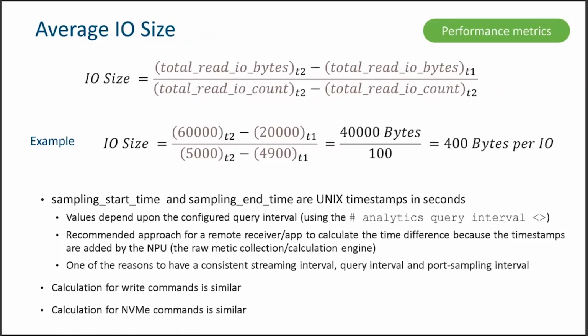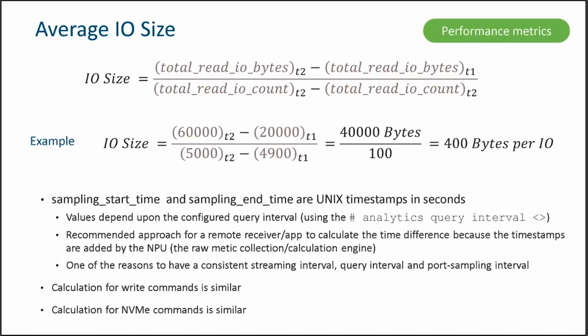So if 1 million frames pass through the NPU in the last 30 seconds, we'll keep adding the IO sizes of all those frames to a counter called total read IO bytes. Then we export the same counter every 30 seconds to an external receiver, and that external receiver takes a difference.